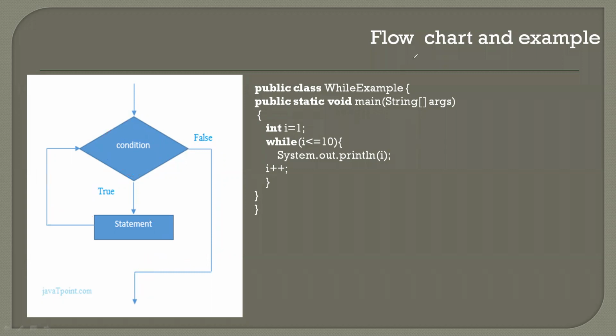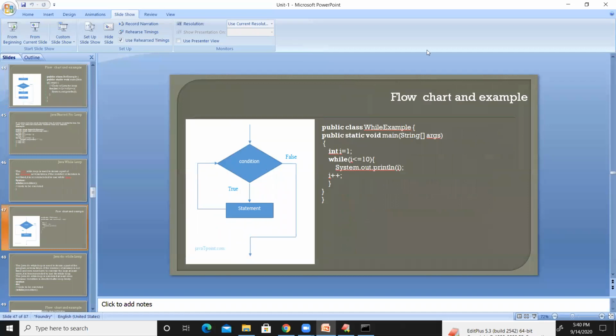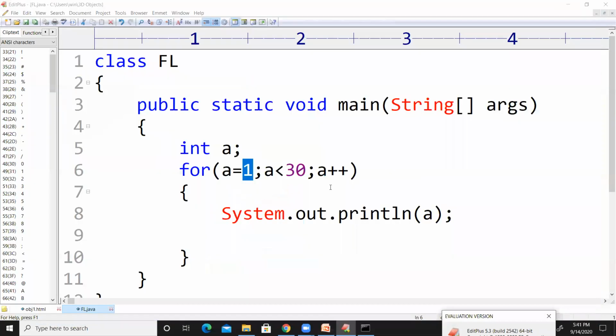So let us write the same program of printing the numbers from 1 to 30 by using the while loop. Here we used a for loop to print the numbers from 1 to 30. Let us use a while loop for the same thing, so let us update this one. If we want to use the while loop in the program, we have to use the while keyword followed by one condition.